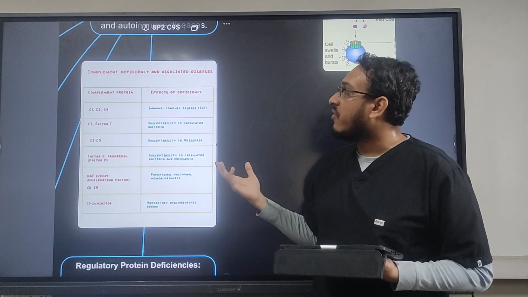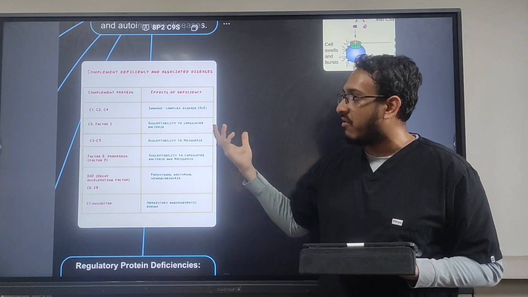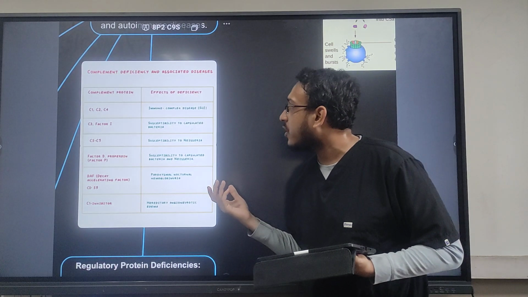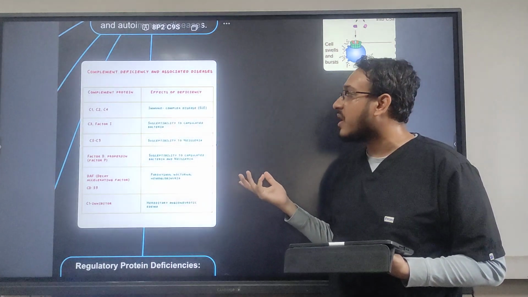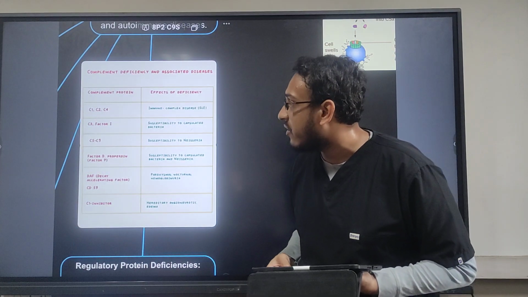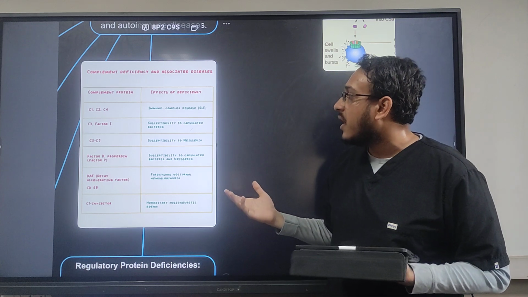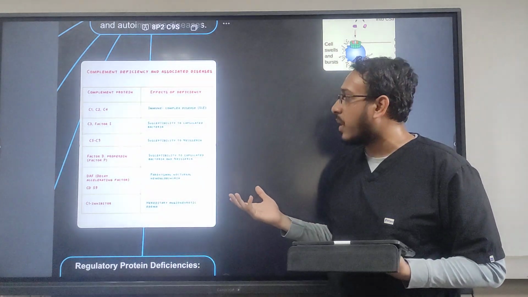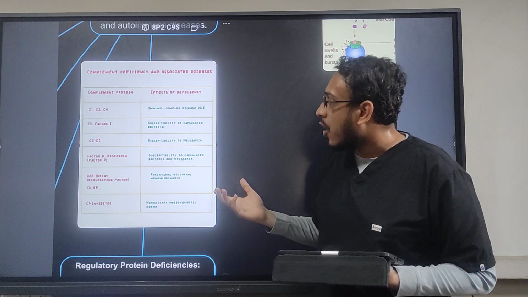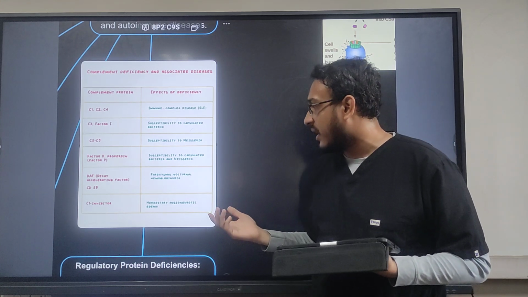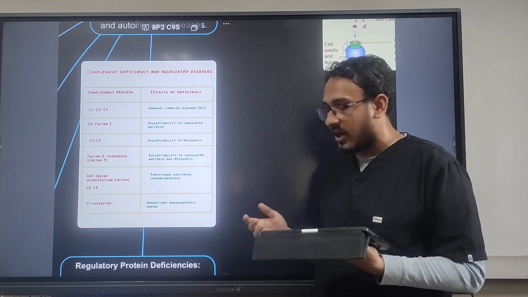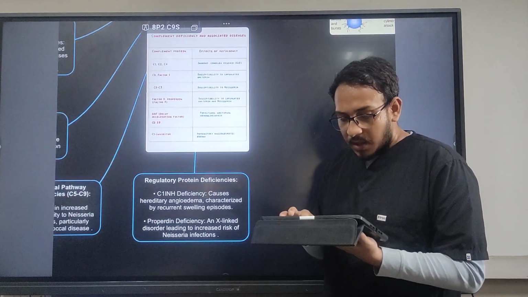Basically, if there is C1, C2, C4 deficiency, it can cause immune complex diseases such as systemic lupus erythematosus, or if there is C5, C9 deficiency, it can cause increased susceptibility to Neisseria. And there is C1 inhibitor, it can cause hereditary angioedema.